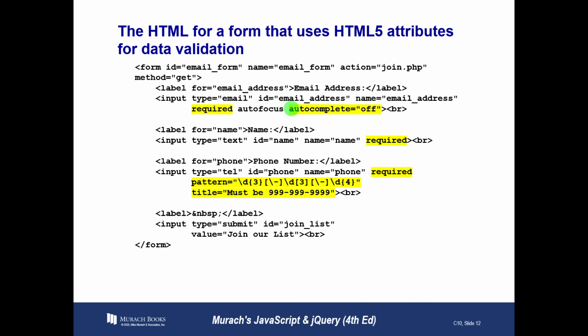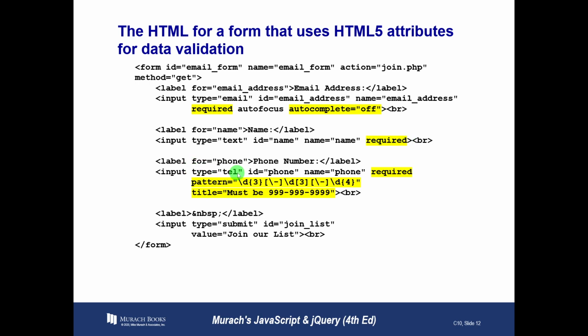And then they have also turned off autocomplete for this field. So if you had your email address saved in your browser so that it could help you fill out forms, it's not going to help you fill out this form. We also required the name by sticking a required field in there.